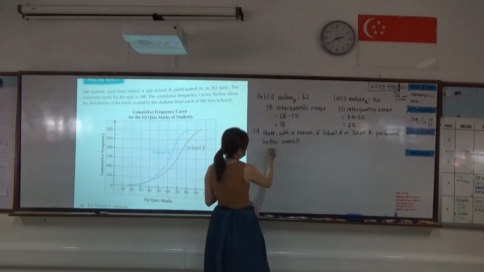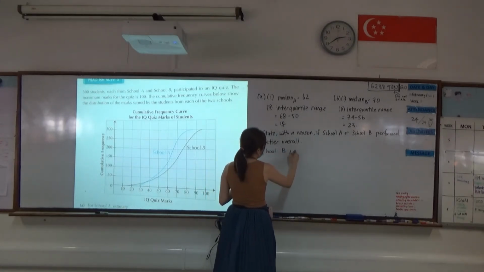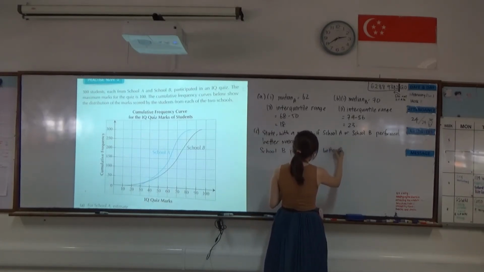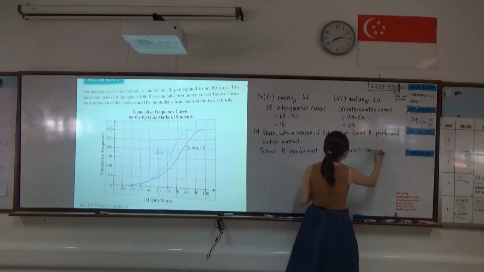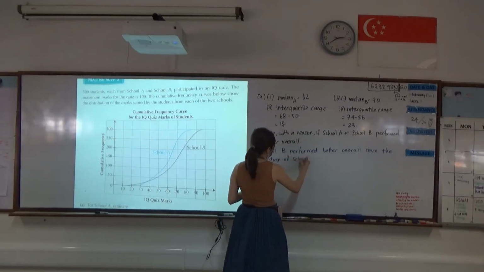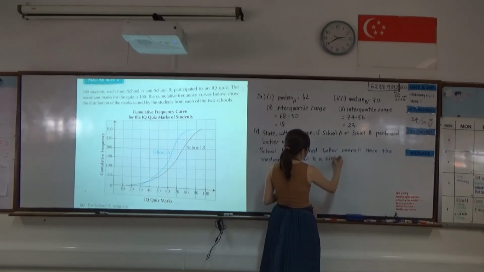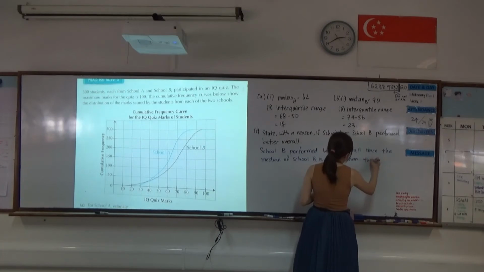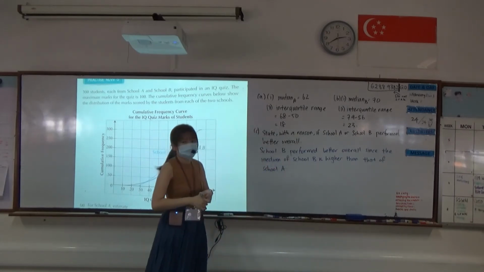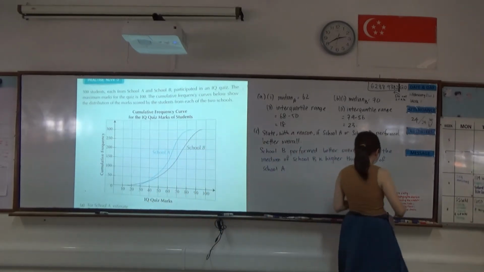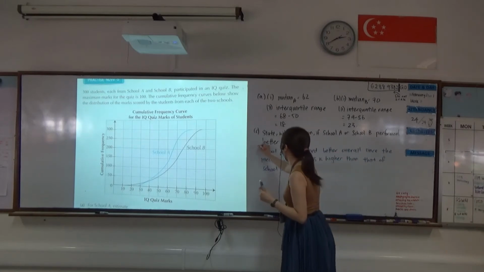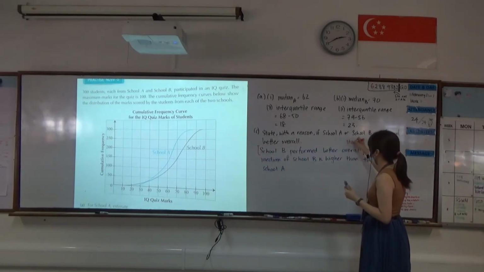So to answer the question, school B performed better overall since the median of school B is higher than that of school A. Right, so this answers the question whereby school B performed better overall, the idea of stating.